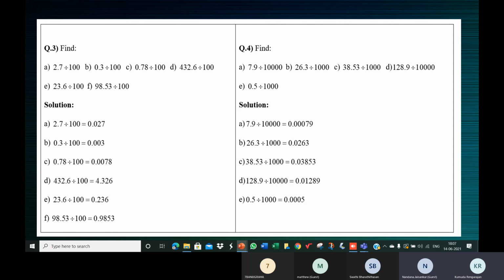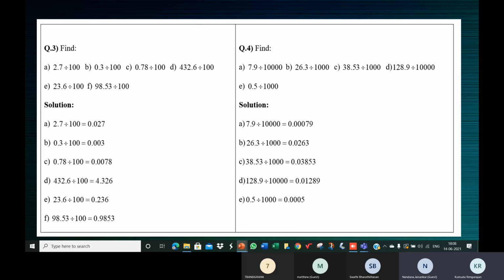Yeah, now children, see here. Now, one by one answer. Nandana, now you should understand. Answer my questions alone. 0.78, how many decimal places? 2 decimal places. So in 0.78, 2 decimal places.